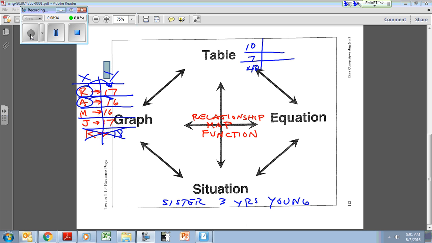Here comes a trick question. I really do have a little sister. How old is my little sister right now? All right, so the dependent variable is the answer to the equation. Usually it's the y. So for the dependent variable, you can put the letter y in that box.